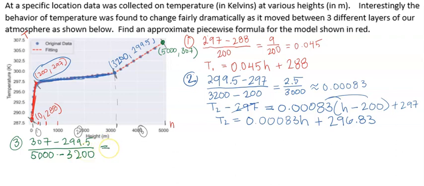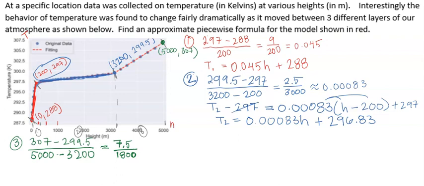Okay, so my y value went up by 7.5. And my x value went up by 1,800, not quite 2,000. Really wish my pen would write more smoothly.